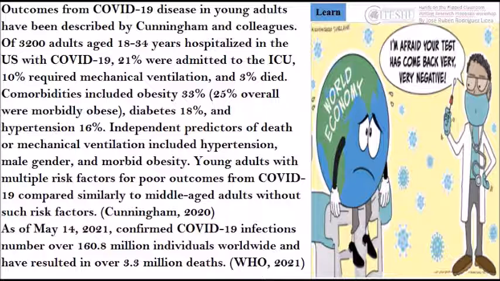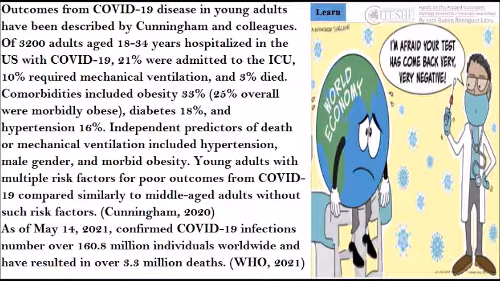Outcomes from COVID-19 disease in young adults have been described by Cunningham and colleagues. Of 3,200 adults aged 18 to 34 years hospitalized in the U.S. with COVID-19, 21% were admitted to the ICU, 10% required mechanical ventilation, and 3% died.